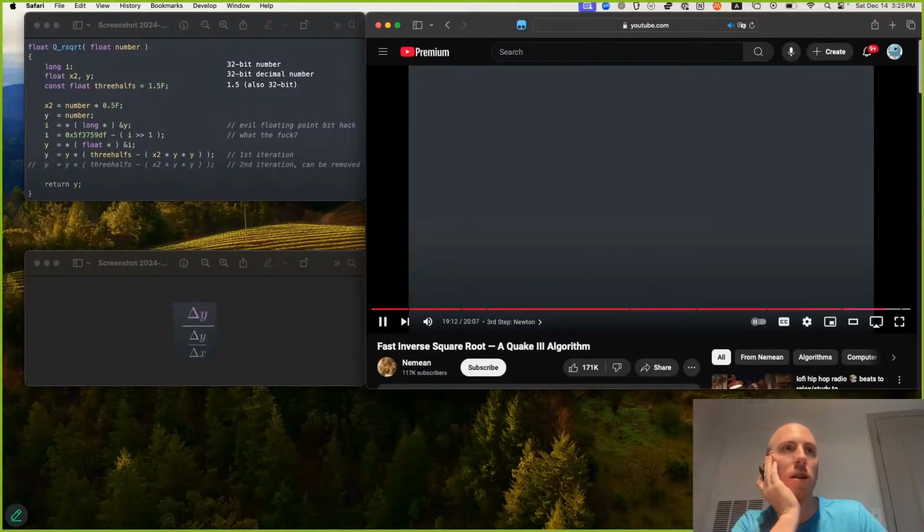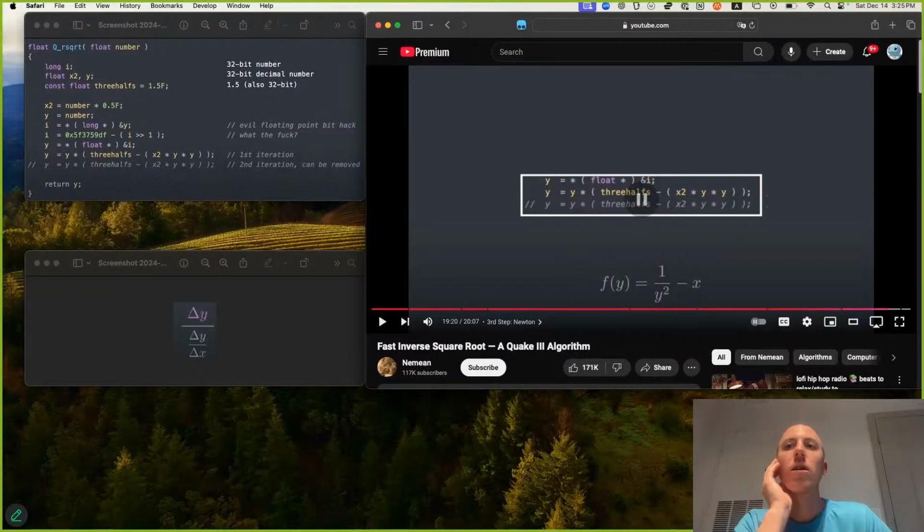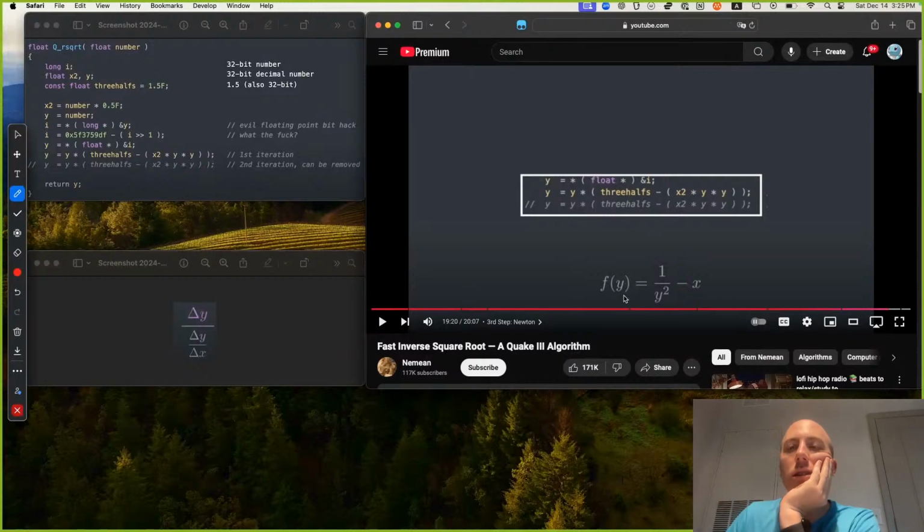We can now verify that the last line is one such Newton iteration applied to the function f of y equals 1 divided by y squared minus x. So why are we looking at this function? What's the point of this function, 1 over y squared minus x?